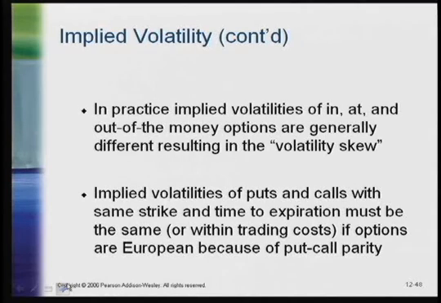When one looks at options on a given index or a given stock for a fixed term, say 3 months, and compares the implied volatility of an in-the-money option, an at-the-money option, and an out-of-the-money option, in general, when you graph that volatility as a function of the strike price, you'll find that the volatilities are not constant. Now, the Black-Scholes formula, interestingly, does not allow sigma to vary with K.